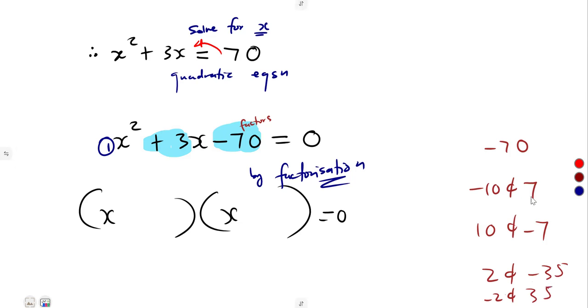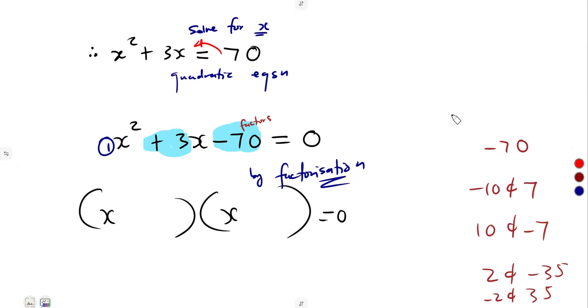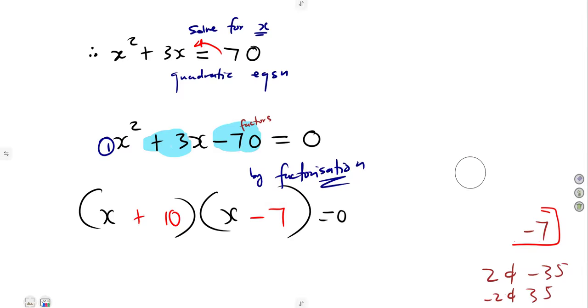There are so many. But of these factors, we just need the one that, when you add, you must obtain positive 3x. And this is happening here. If you add these two, 10 plus negative 7 is positive 3x. So this is positive 10 and negative 7, just like that.